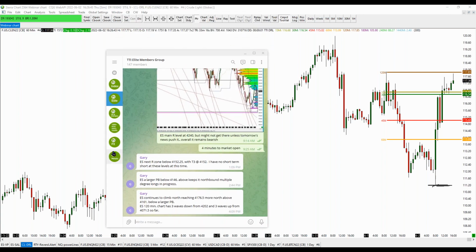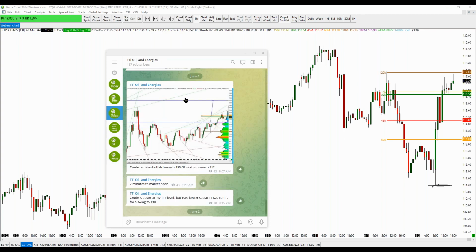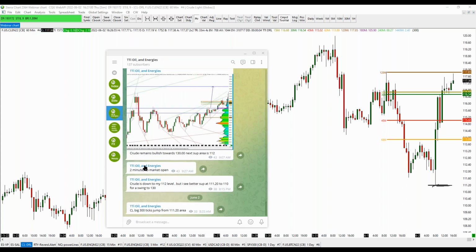Okay, this is from my main website, which is TTI. And if we look at the crude signal, this is June 1st. This is yesterday evening, 8:15 p.m. I said crude is down to my 112 level, but I see better support at 111.20.